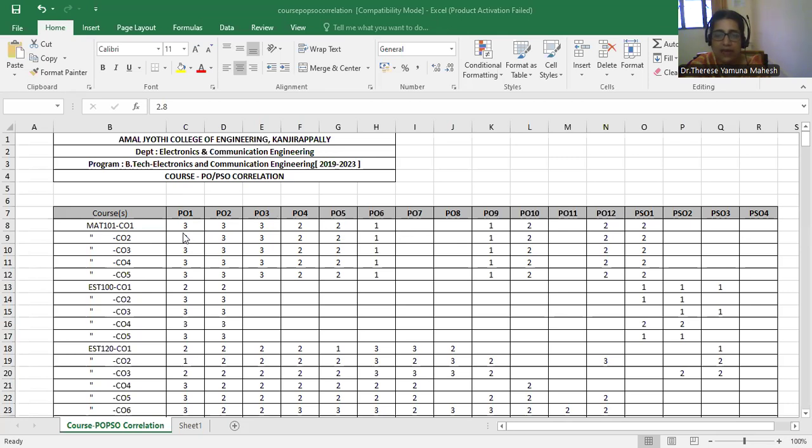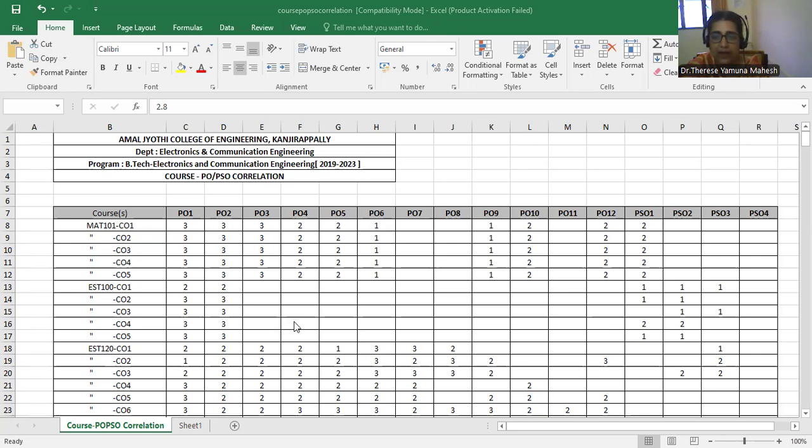We are following a scale of 3. So if the correlation between CO1 of mathematics in first year and PO1 is 3, it means there is substantial correlation. If you have a 2 here, it means there is moderate correlation, and a 1 indicates slight correlation.